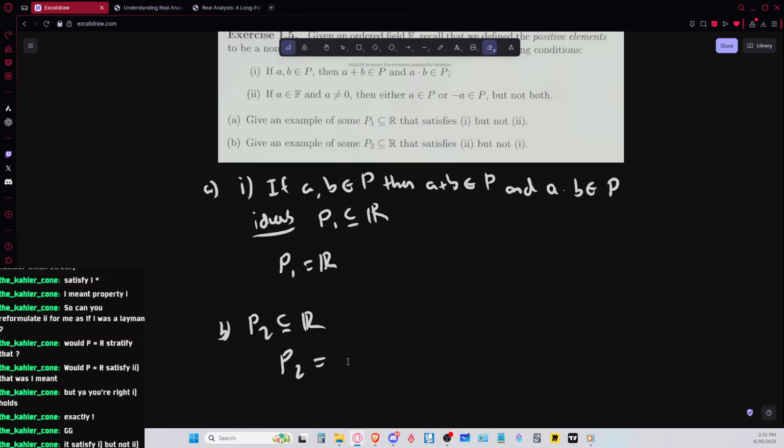Which means we can probably use, let's say a is equal to x squared, for example, such that x is an element of the real numbers.